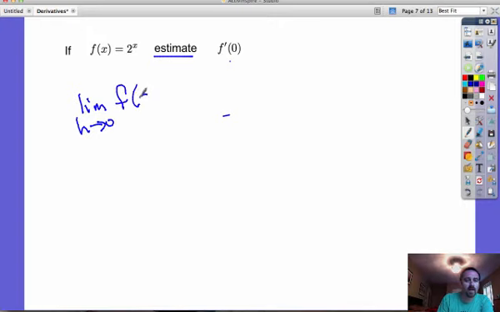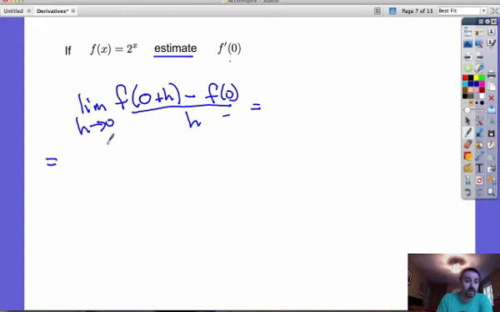And again, I'm going to do f of 0 plus h minus f of 0 all over h, because this 0 here corresponds with this 0. No matter what the function is, h always goes to 0. It just so happens that here I'm looking at 0, so this 0 is here, and this 0 is also here.